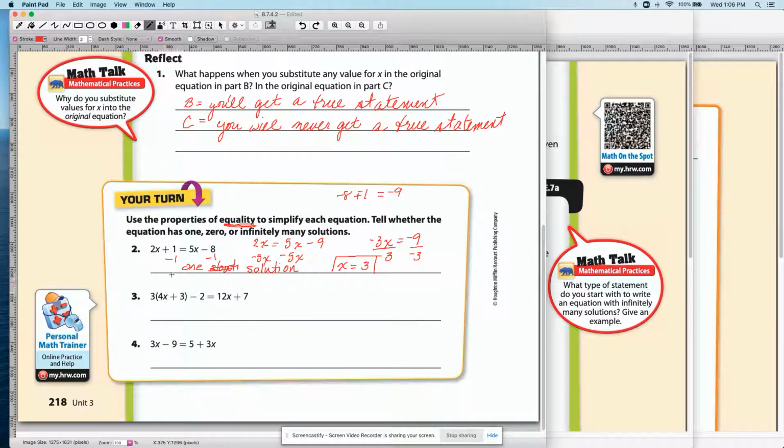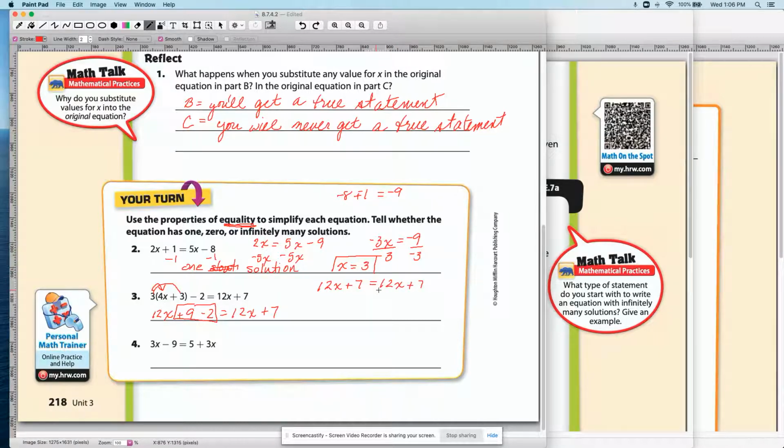So let's try number 3. I'm going to distribute the 3. So I've got 12x plus 9 minus 2 equals 12x plus 7. If I combine like terms over here, I have a positive 9 and a negative 2. So on the left side, I'm going to have 12x plus 7 equals 12x plus 7.